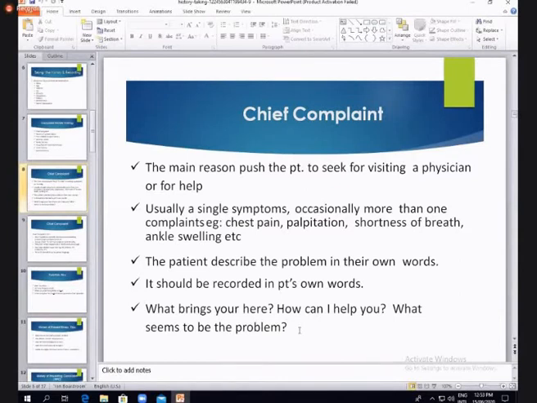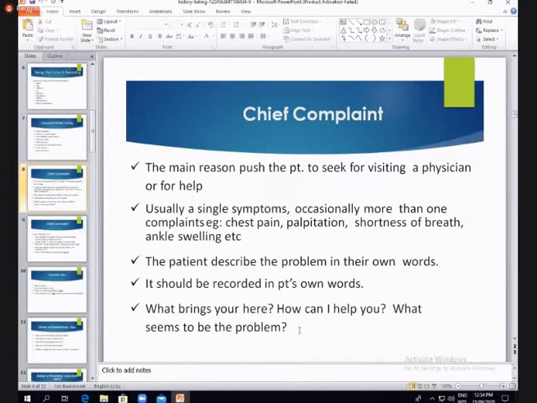The patient is going to elaborate the chief complaint along with all the non-relevant and the relevant information as well, but you need to be so present in your mind, present in your senses, that you are able to filter out the relevant information.